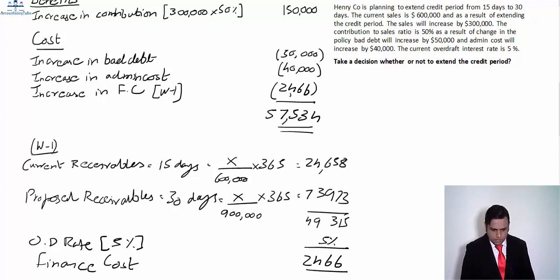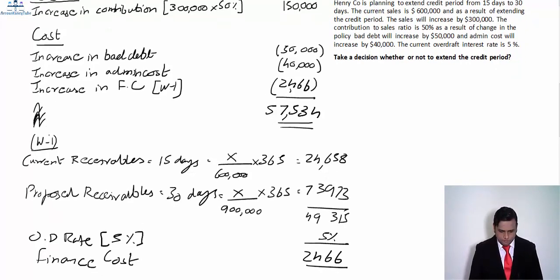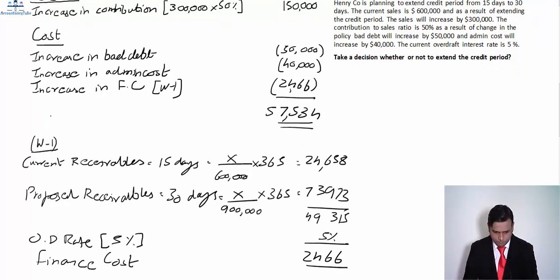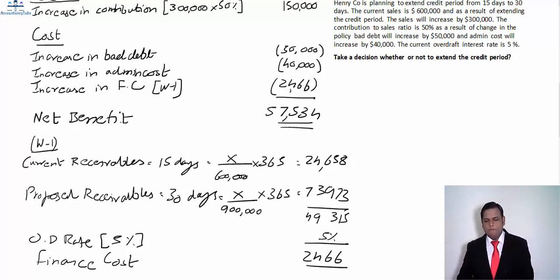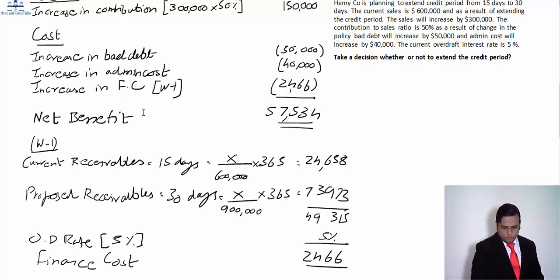The benefit is justified because it is a net increase in benefit, that is net benefit. Otherwise we would have written a net loss over here. So because of the increase in benefit of 57,534, the extension of credit limit from 15 days to 30 days is justified in this example.